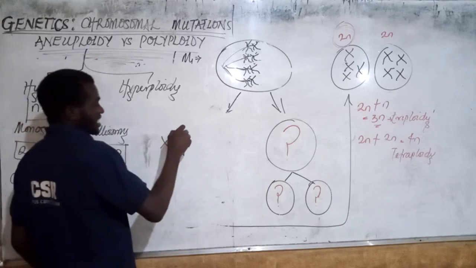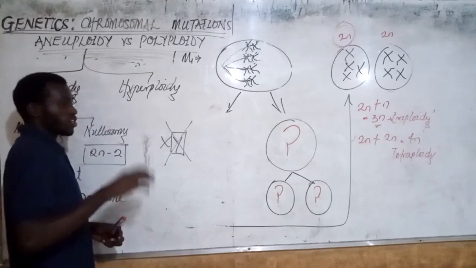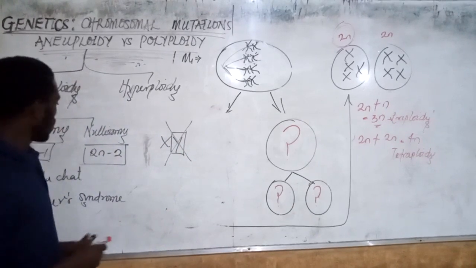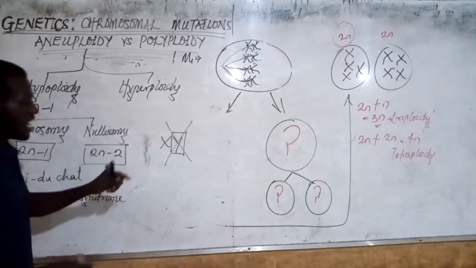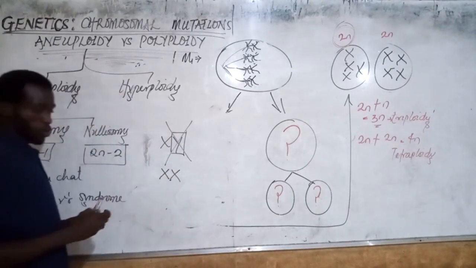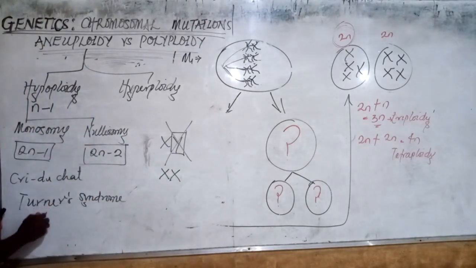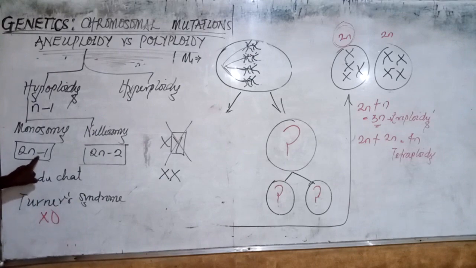An absence of the Y chromosome will mean that the organism will definitely be a female. A female naturally in the human should have XX chromosomes. Now if this other X chromosome doesn't exist, whereby the individual has X0 chromosome, then it's called Turner's syndrome. So notice one chromosome is lost, 2n minus 1.